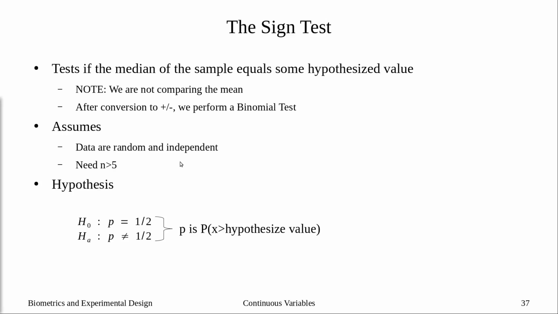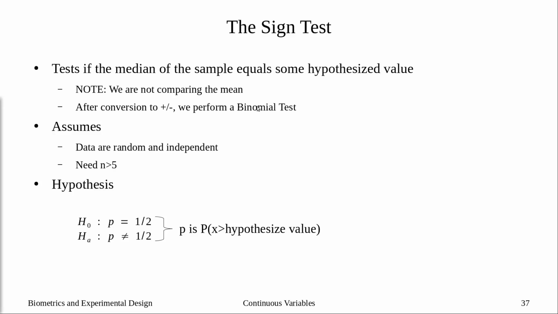The sign test is a nonparametric test that will compare a median to some value. Note, again, we are not comparing the mean, rather we are comparing medians. What this test will do is convert our values from the actual raw numbers to pluses, minuses, and zeros, and then we'll do something called a binomial test with this.